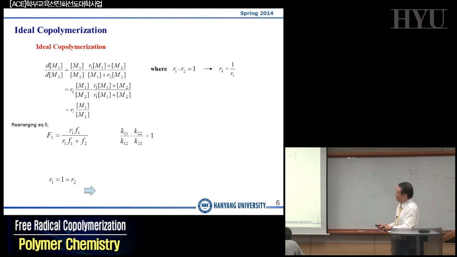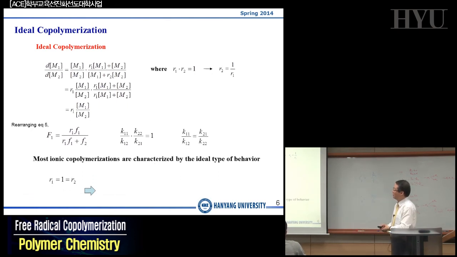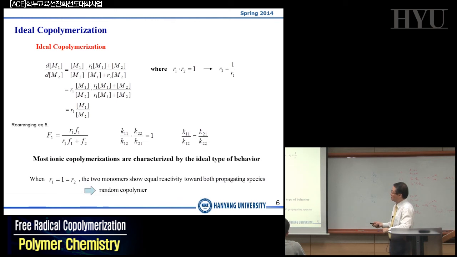And large F1, equation number 5, can be rearranged into a very simplified equation here, large F1. So most R1 R2 is equal to 1.